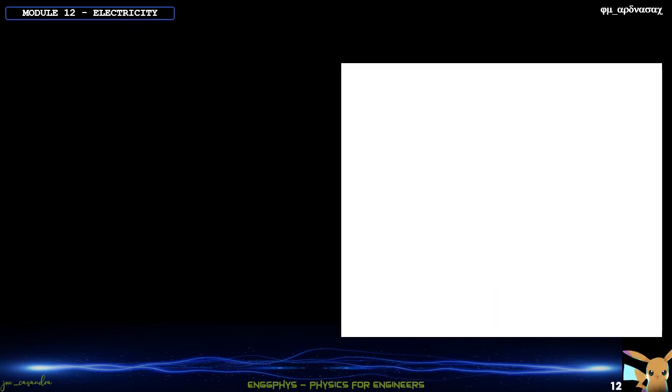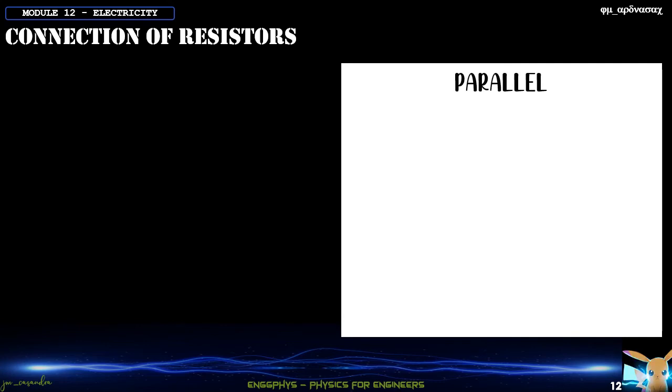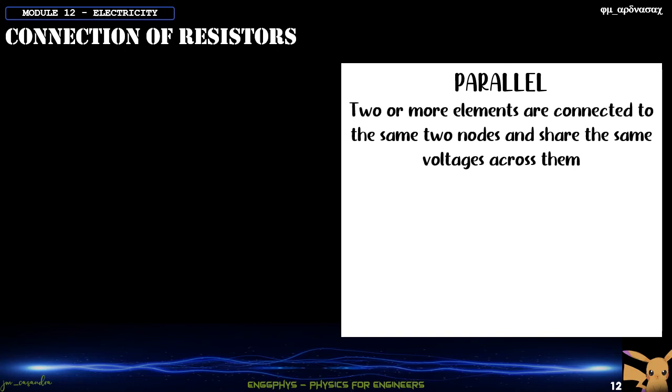So another way of connecting our resistors is by connecting them in parallel connection. When we say parallel connection, ibig sabihin, we have two or more resistances or components that share the same nodes.